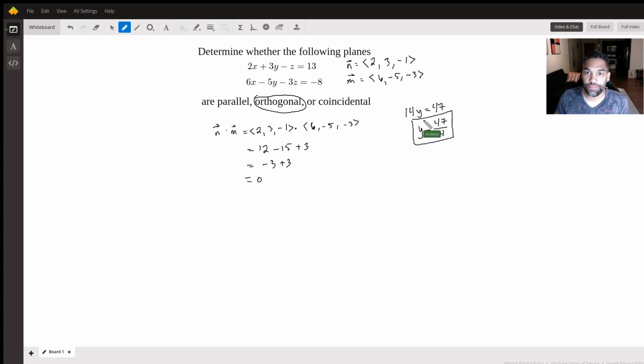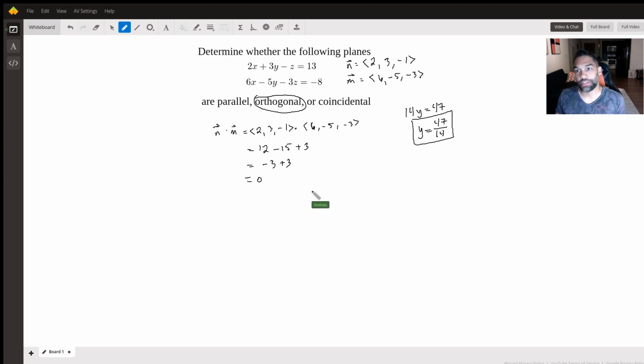We can take this value of y to mean that for y equals 47 over 14, there's always going to be a solution. There's some x and z that we can plug in that solves both equations for this value of y.